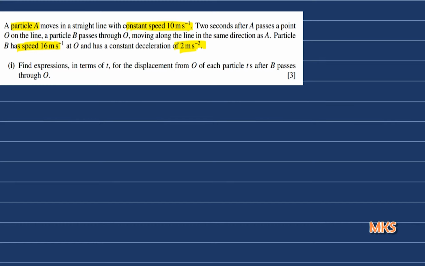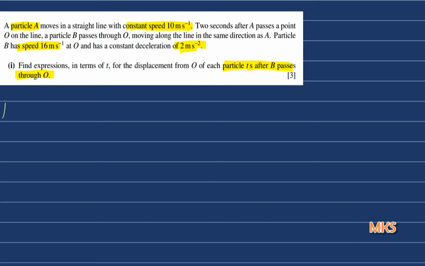Find expressions in terms of t for the displacement from O of each of the particles t seconds after B passes through O. It means the starting time starts when B passes through.